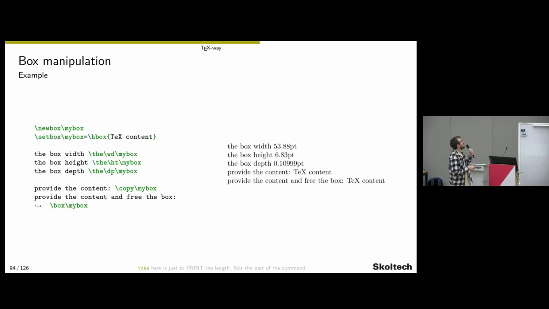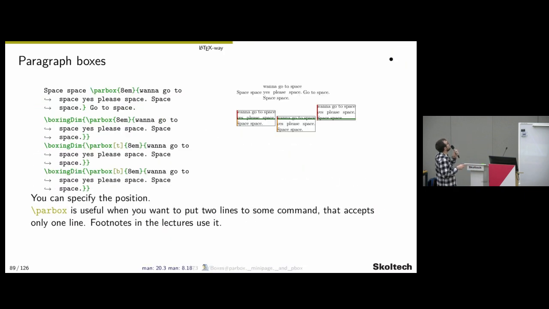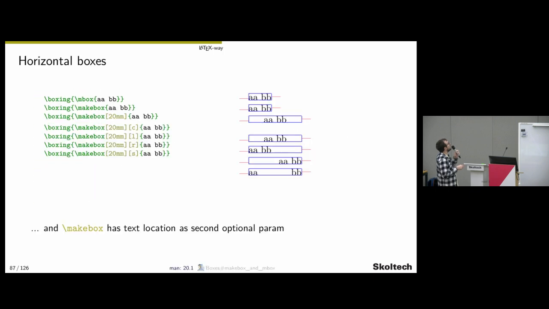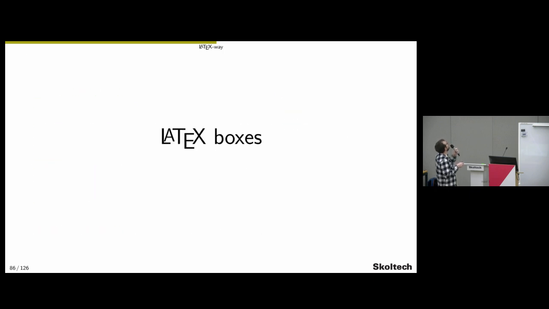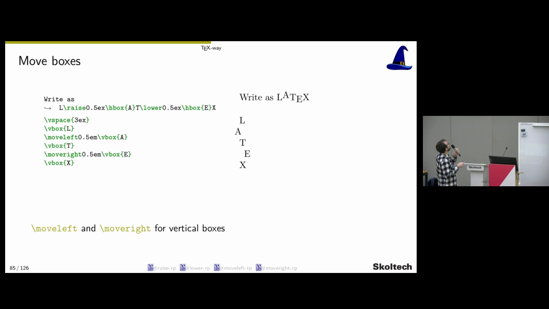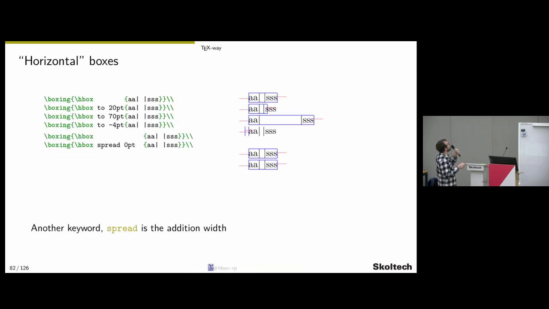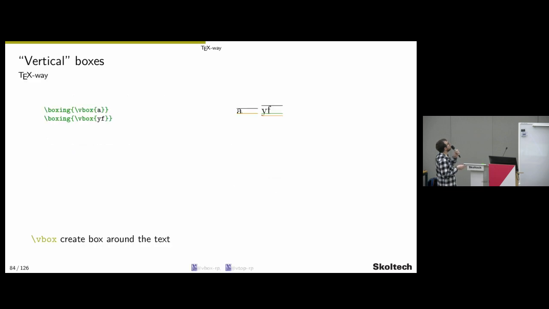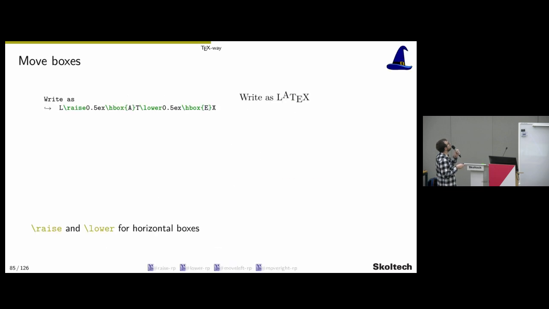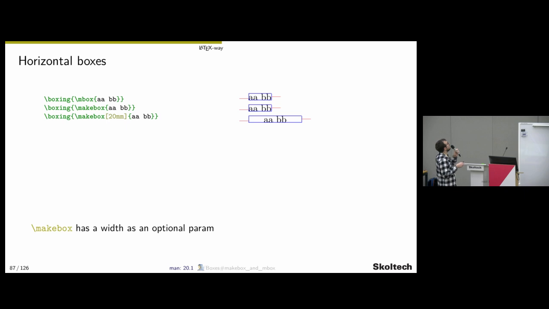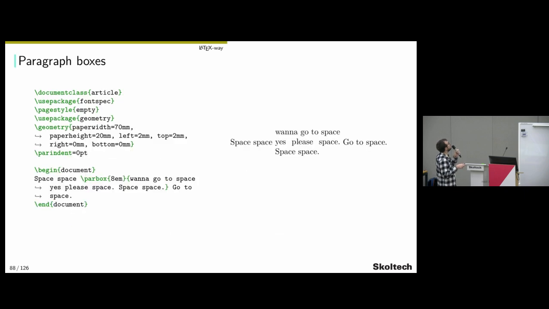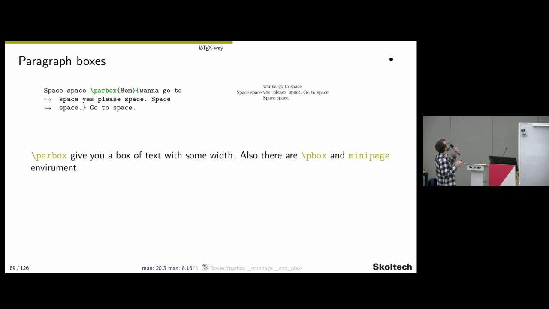We have several boxes that can hide, that can fix the space. For example, a horizontal box. This stuff has some width, and this stuff has some width per box.